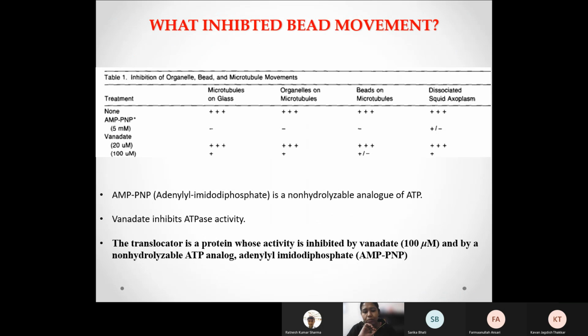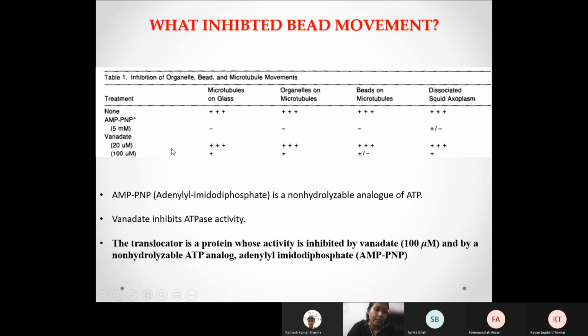They also, so as I said, initially they didn't hit upon exactly the motor, but they hit upon characteristics of this motor. And one of the characteristics was to deal with the ATP hydrolysis. So what did they do?